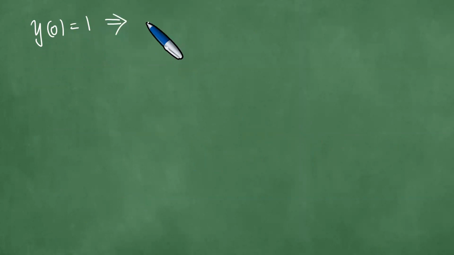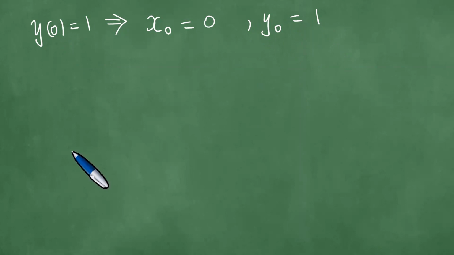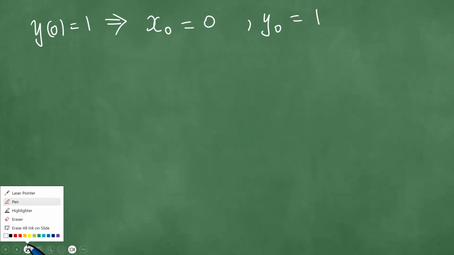And what does this mean? Well, it gives us two values. It gives us x0, which is 0 from the argument, and it also gives us y(0), which is 1. Now, with that said, this becomes a prelude to the predictor calculation.